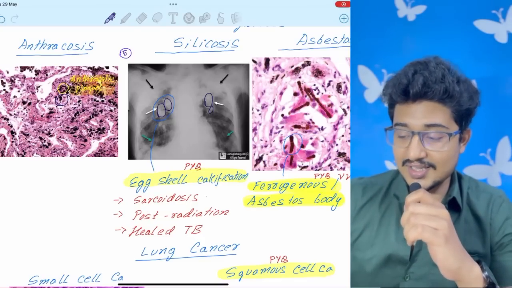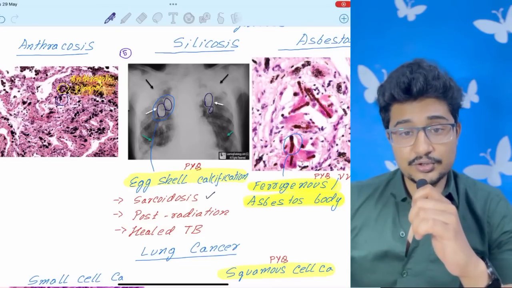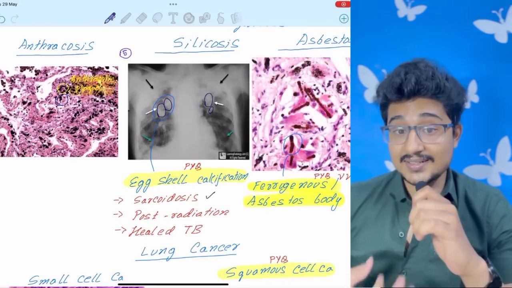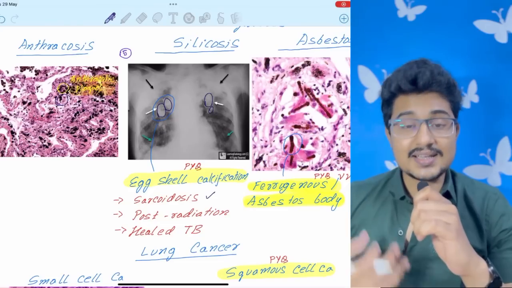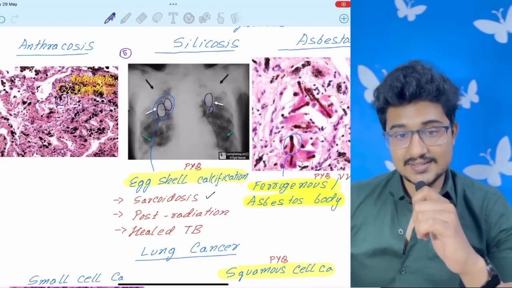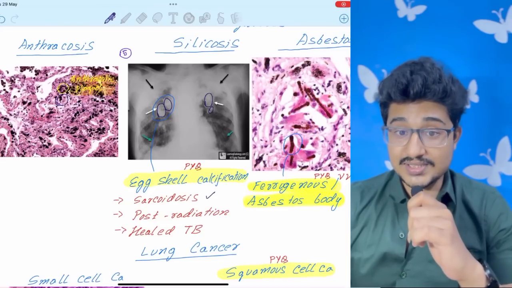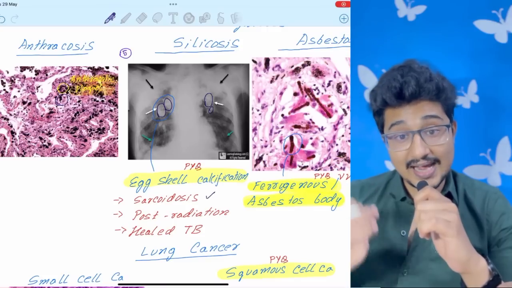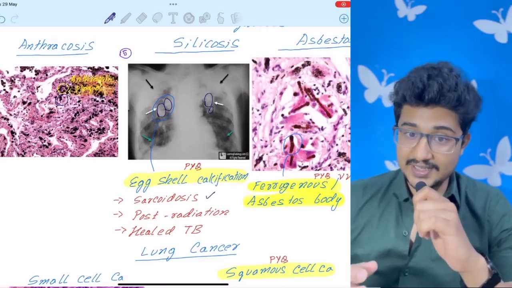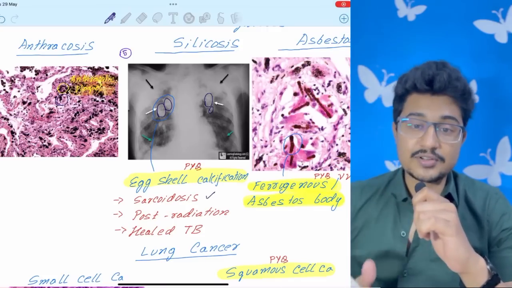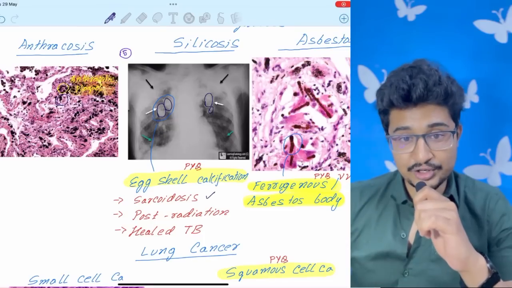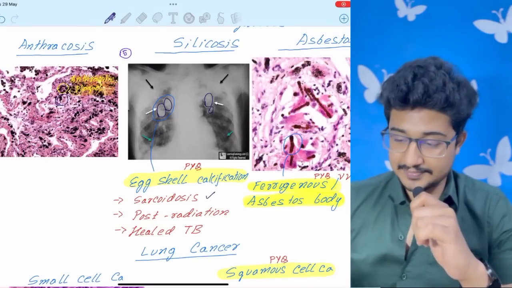So these are sarcoidosis. From sarcoidosis you have to remember that it causes increase in ACE enzyme levels. It also causes increased vitamin D3 and hypervitaminosis and hypercalcemia also. For the treatment of hypercalcemia in sarcoidosis, you give steroids.